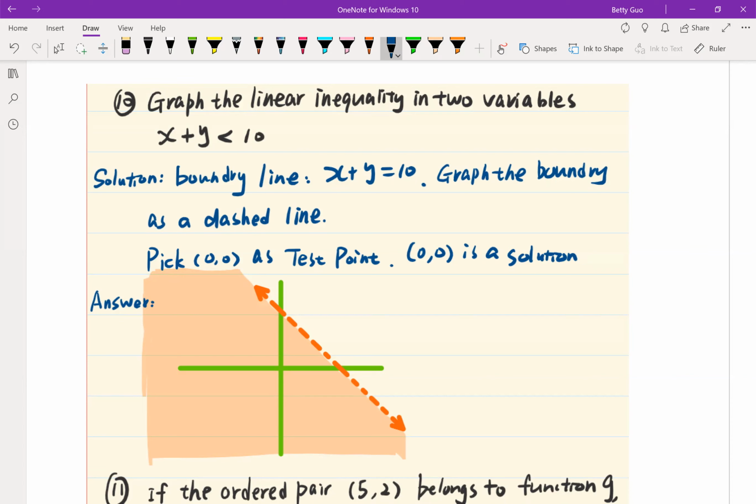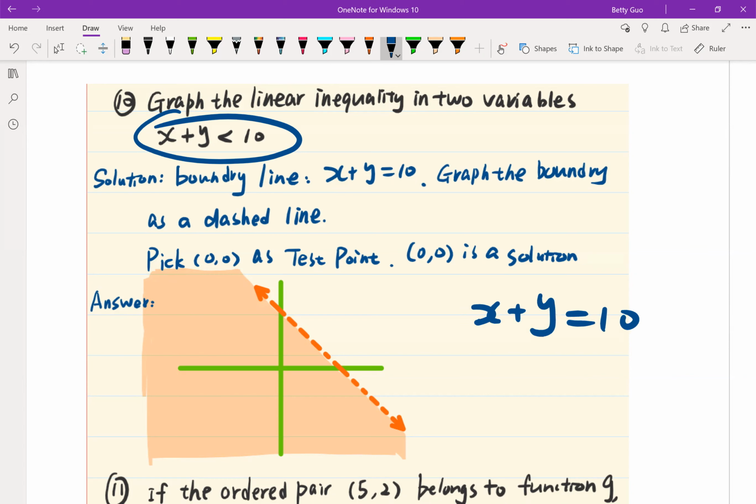The first step is to graph the boundary. How do we find the boundary? We change the inequality symbol to an equal sign. We get x plus y equals 10. This is the boundary line. Okay? You're going to graph the boundary line. In the graph, the orange dashed line is the boundary x plus y equals 10.